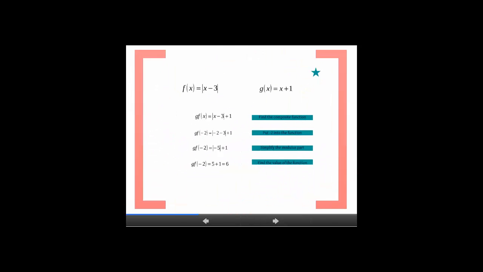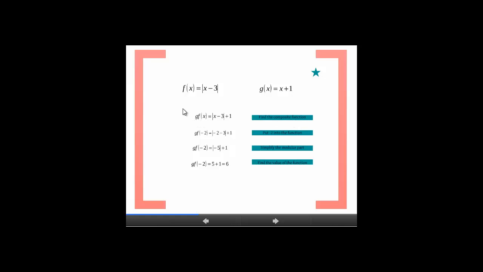More complicated then, looking at a composite function, we've got f of x is the modulus of x minus 3, g of x is x plus 1. And we can see here a step-by-step approach to working out gf of minus 2. So the first thing we do is we identify the composite function.